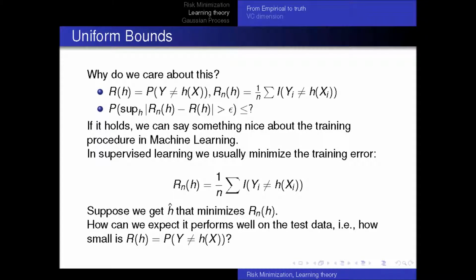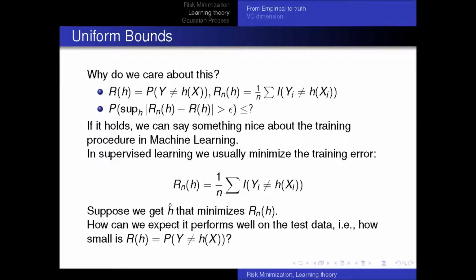So why do we care about this? If this supremum over Rn(h) minus R(h) holds, if it's smaller or equal to something small, we can say something nice about the training procedure in machine learning.